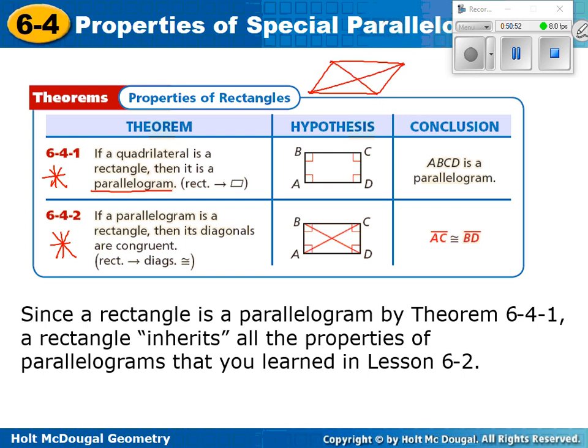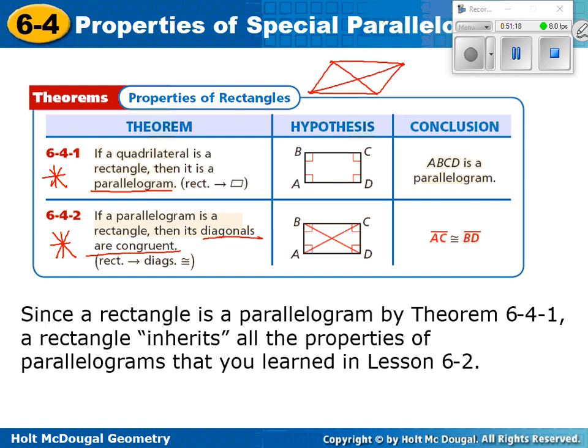Okay, so the parallelogram shifted. Its diagonals are not congruent. But when you straighten that up and make that have 4 right angles, your diagonals are going to be congruent. So the last property for the rectangle, which will actually be its 7th property, it's got 5 here, 6 here, 1 more. It has congruent diagonals.